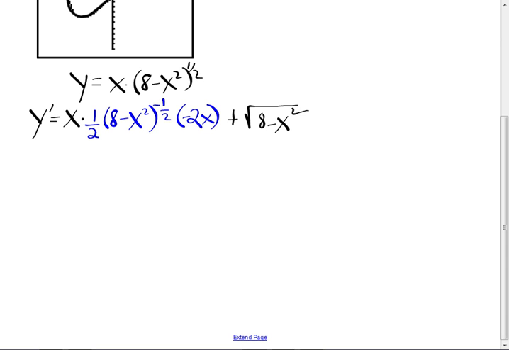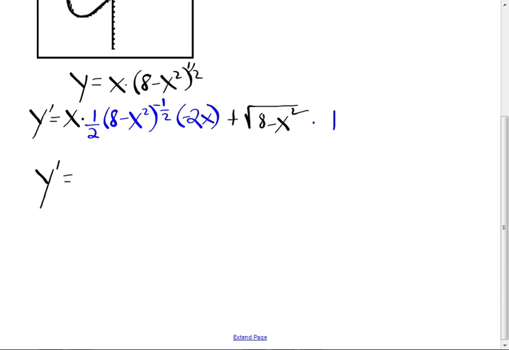Times the derivative of x, which is 1. Guess what you guys have to do with this? You have to set that equal to 0. It looks terrible. Let's make it look nicer.